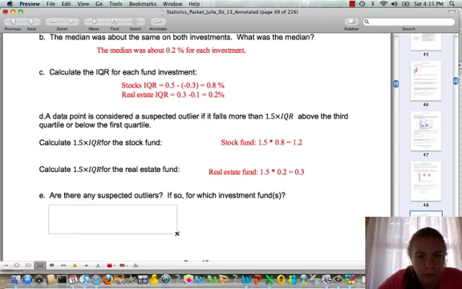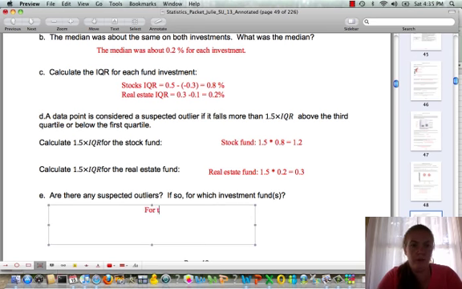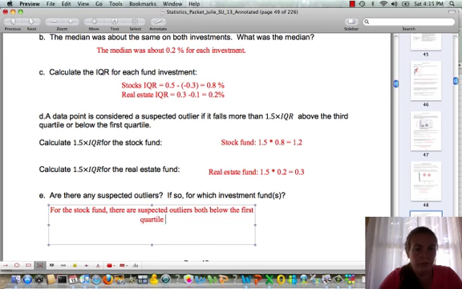So for the stock fund, there are suspected outliers both below the first quartile and above the third quartile.